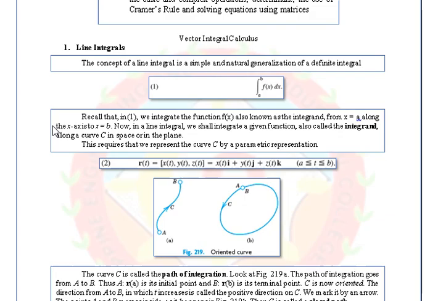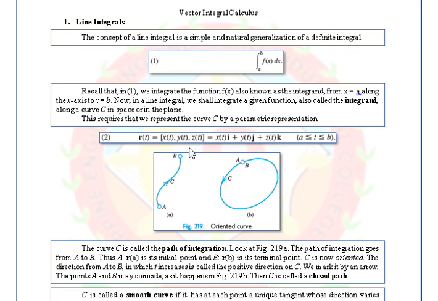That is why we are required to specify a position vector, in order to make sure of the path that we are dealing with.